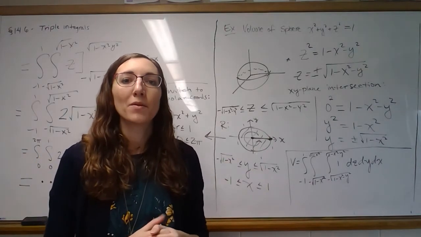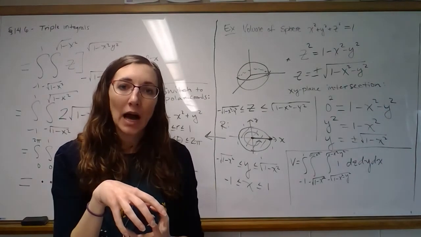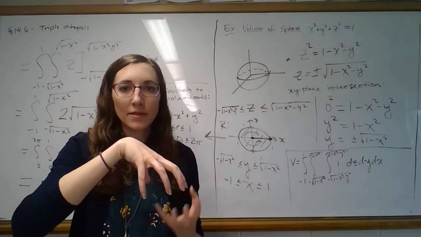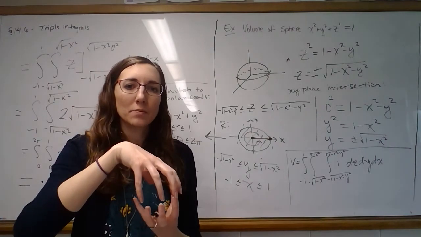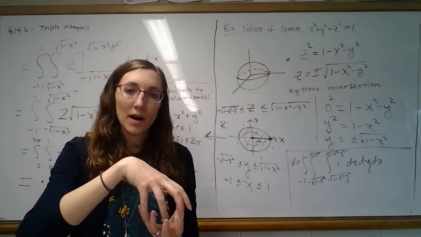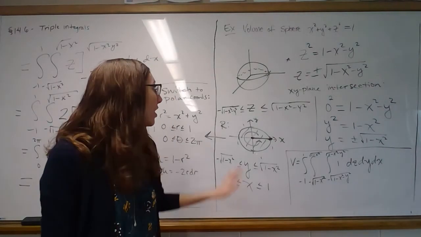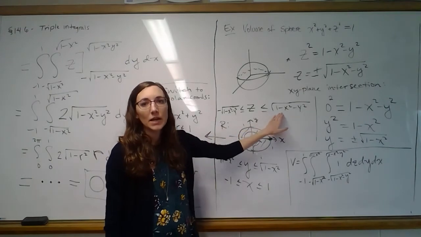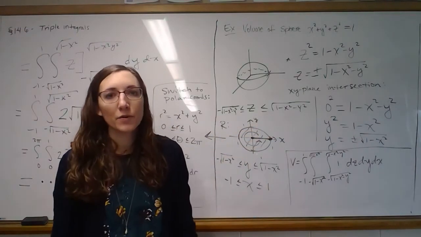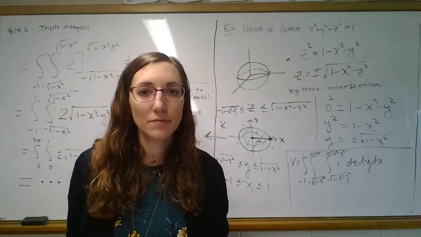We also, in this problem, could recognize that this is a symmetric solid, so there's just as much volume on the top as there is on the bottom. So if we did want true volume, we could double just the top. We could have just gone from 0 to the upper hemisphere and then doubled that if we wanted genuine volume as opposed to net volume.